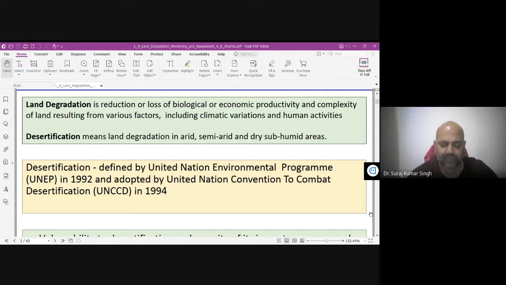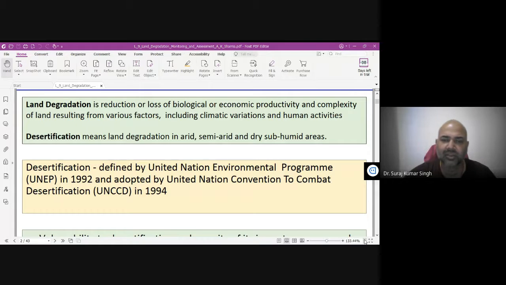So we must first know what land degradation is, what its types and factors are, what the categories are, and how we'll identify those land degradation categories on a satellite image, and finally the modeling.